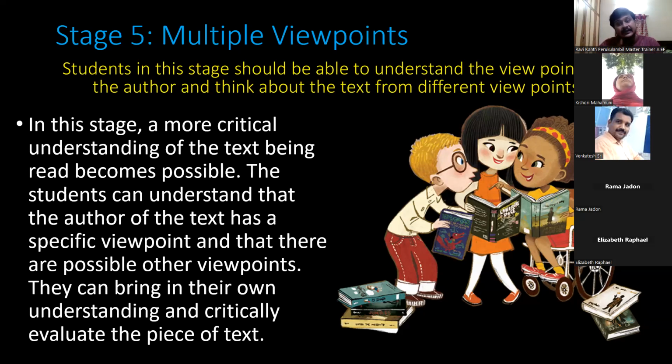Apart from understanding the viewpoint of the author, and understanding that there are several other viewpoints, they can bring their own understanding. Why couldn't this be like this? In this way, this stage plays a very significant role in bringing out the critical thinking of the students.